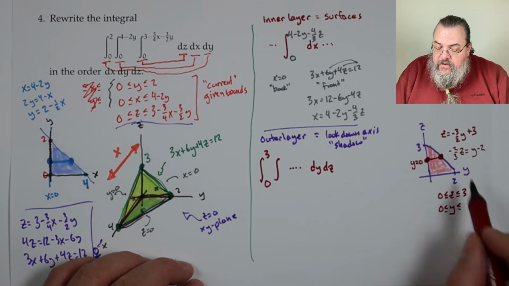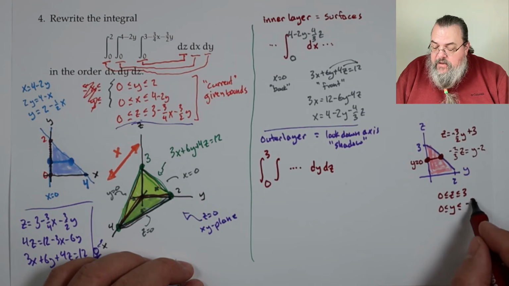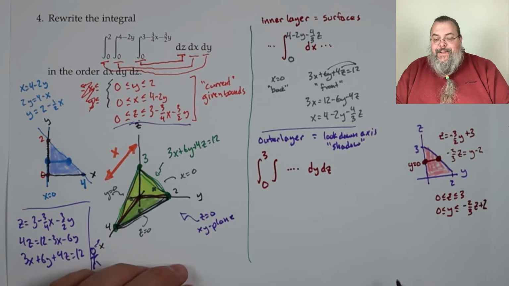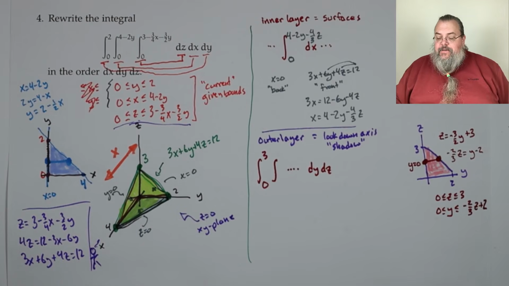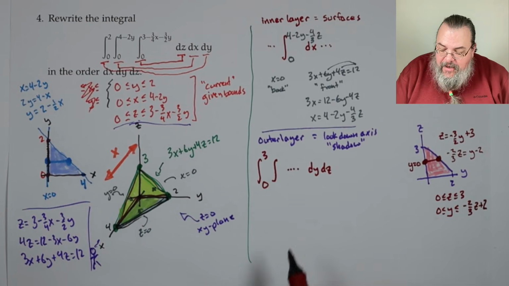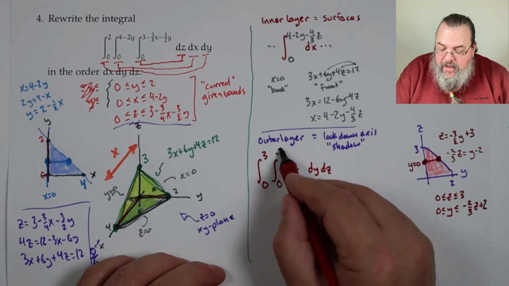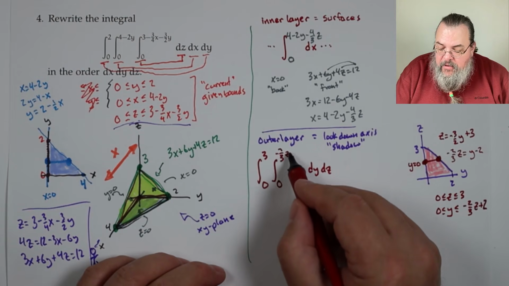Or if you add 2, you get y equals minus 2/3 z plus 2. And there you go. So that's the other layer. We go from y equals 0 to y equals minus 2/3 z plus 2.